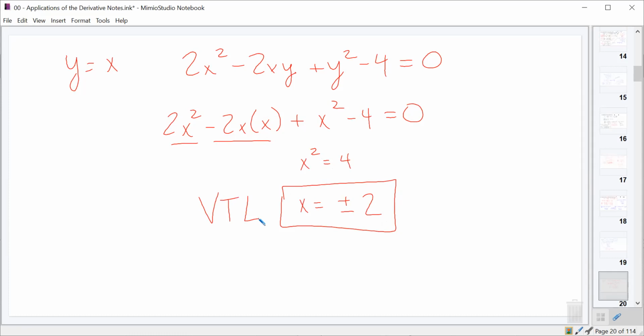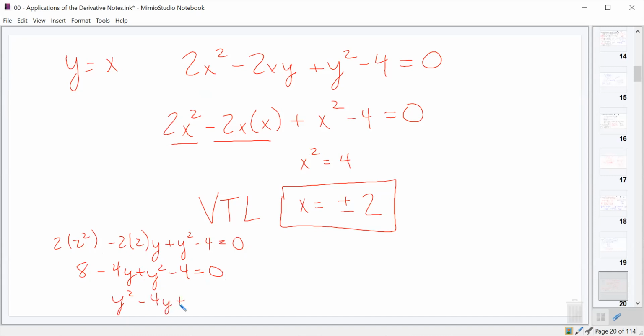So if we had 2 times 2 squared minus 2 times 2 times y plus y squared minus 4 equals 0, that would be 8 minus 4y plus y squared minus 4 equals 0, or y squared minus 4y plus 4 equals 0. And I think we can pretty quickly see that we can factor that and get y equals 2.